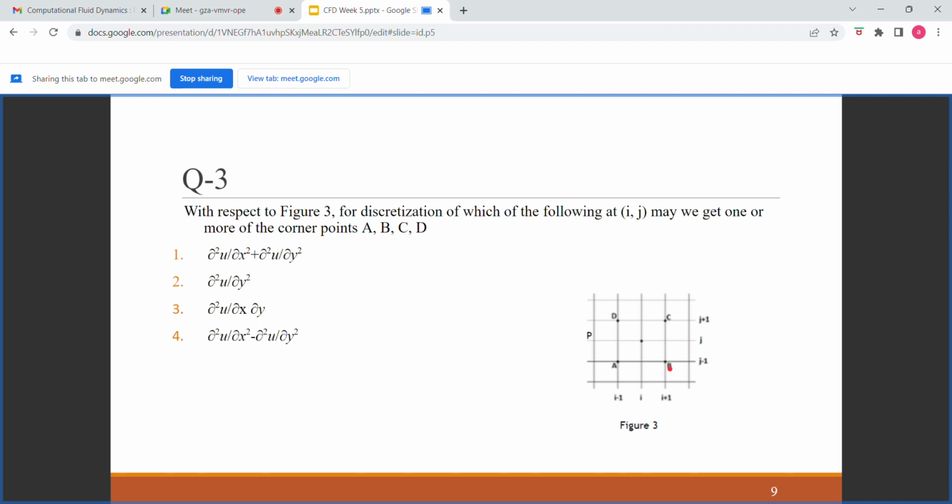To identify that, we should first write it in the discretized form. Then we can identify which points would be seen.